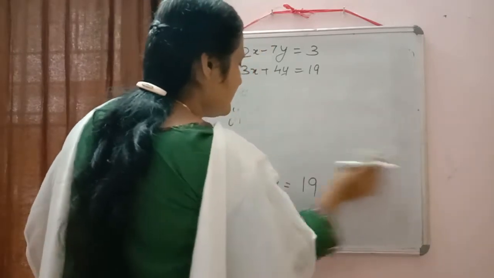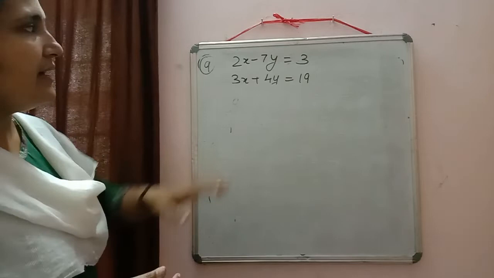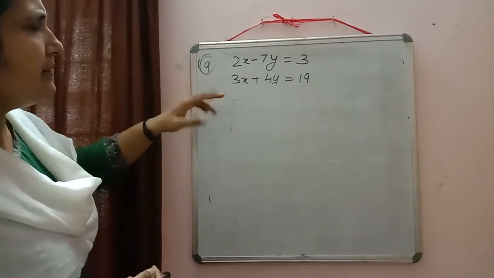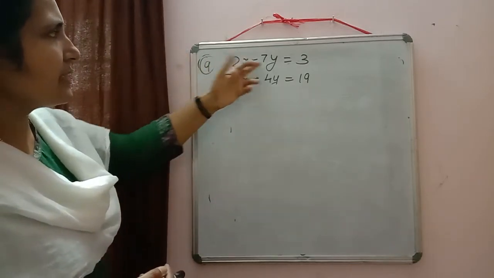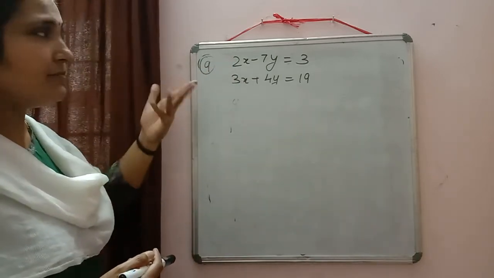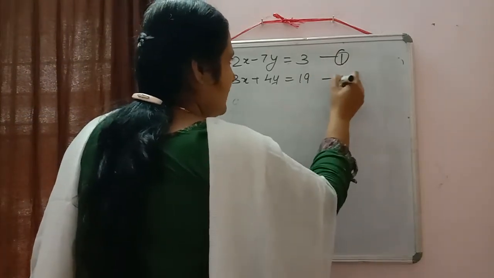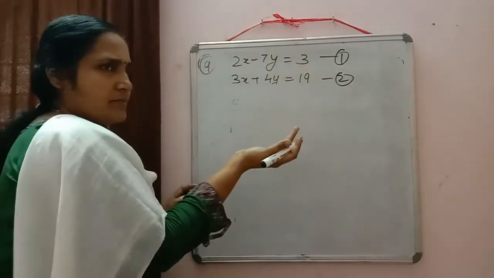Now we will solve these two equations. Again, the coefficient of neither x nor y is equal to 1, so it depends on us which one we want to change. Suppose from equation 1 we rewrite x in terms of y.